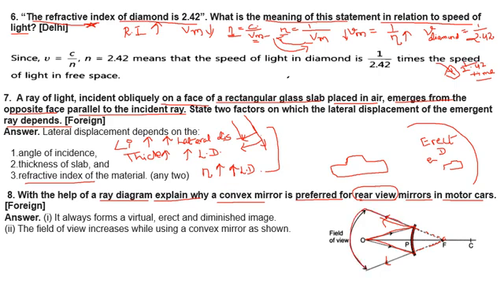That is why I need a convex mirror, where I can get virtual, erect and diminished images, as well as cover the maximum area. So this is the answer for this question. It always forms virtual, erect and diminished images. The field of view increases while using a convex mirror.